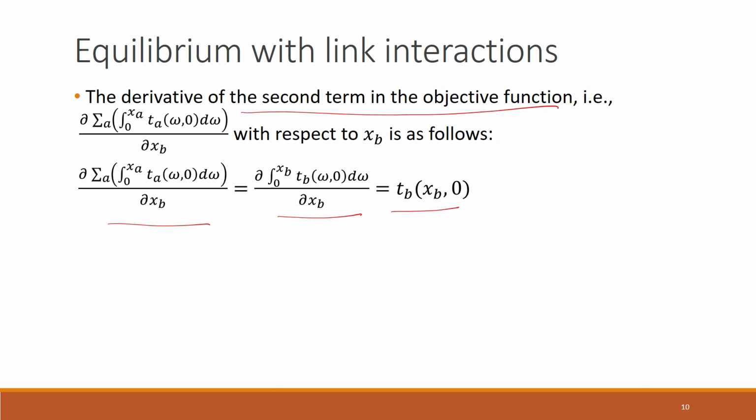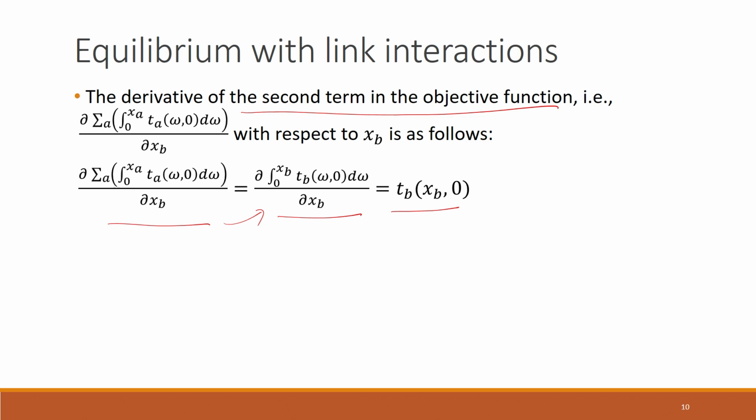Okay. So you might be wondering why there is now only a single term here. Previously, when we were doing the derivative of the first term in the objective function, we ended up with 2 terms, and now there is only a single term. The reason is that in this second term in the objective function, the flow on link b dash, that is the link which is opposite to link b, is equal to 0.